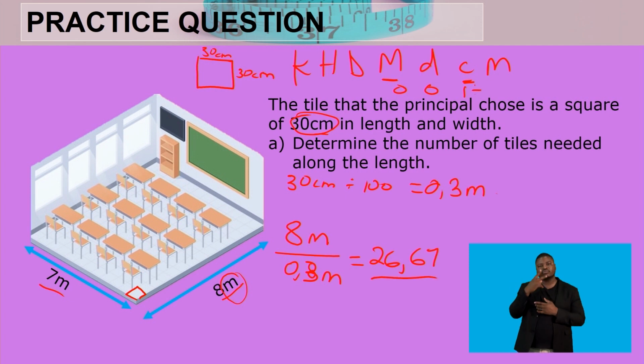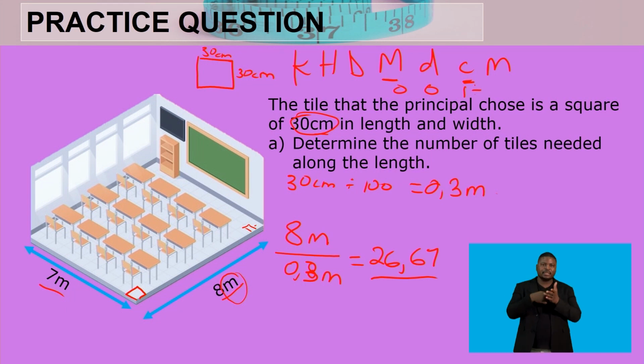You can round it off to 2 decimal points, but at the end of the day, because it's a number of tiles, it's materials, you must always round up. If we were to put 26 tiles, there will be a bit of space left at the end, but this space will not accommodate one full tile. It means it has to be cut. So you can't buy 26 because you'll be short. So you have to buy 27.